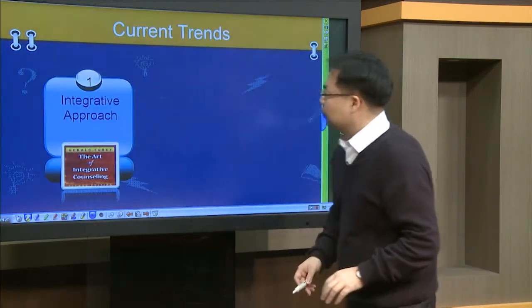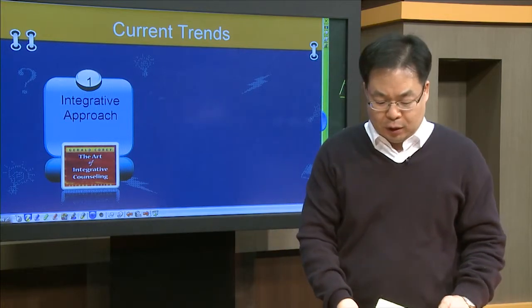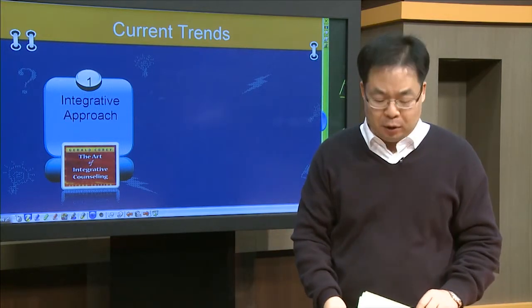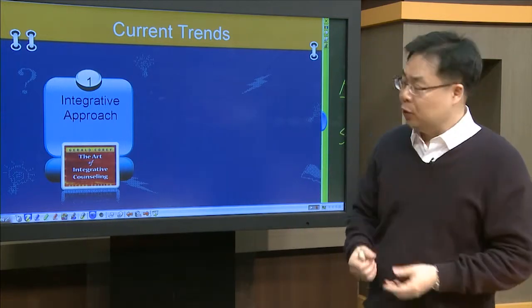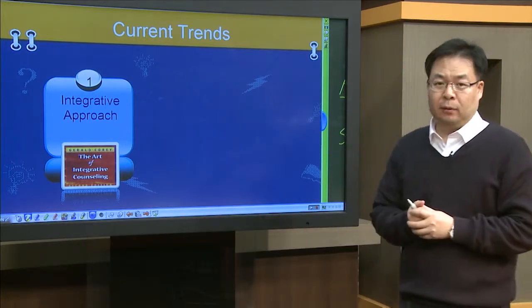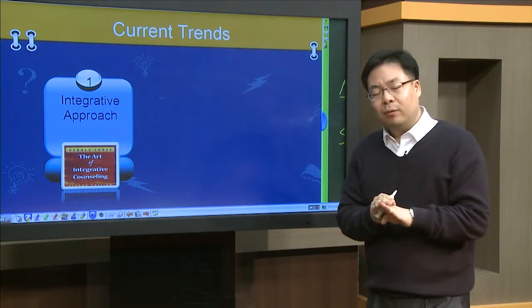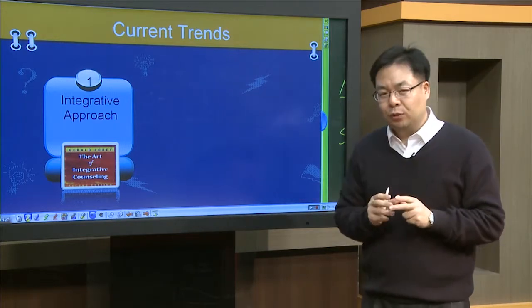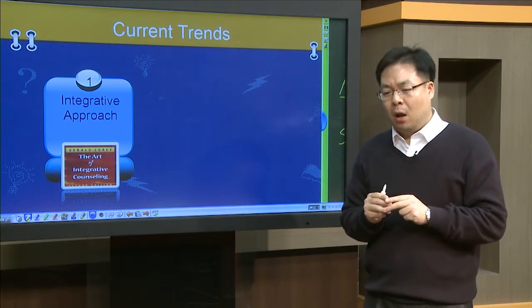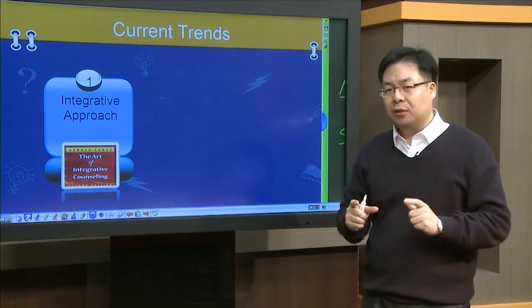So we reviewed the two major theories of behaviorism and cognitive perspective. The last slide shows the new trend right now is the integrative approach. We talked about 4 different perspectives, but now most counselors are using not only one theory, but also some combinations of others.